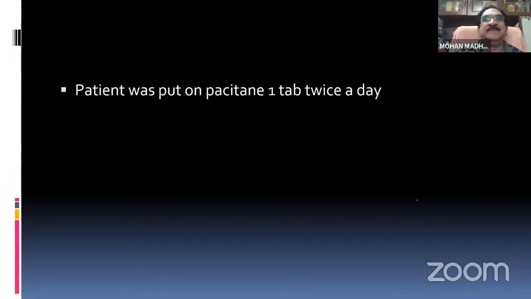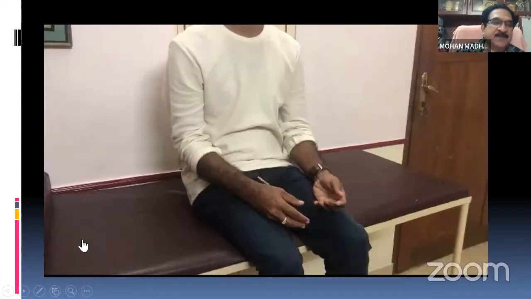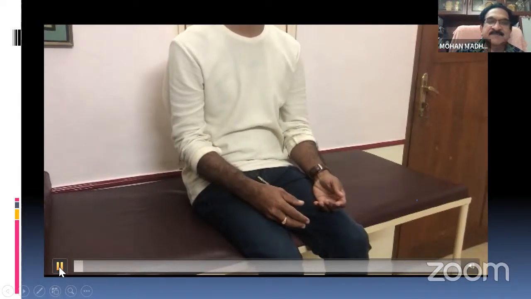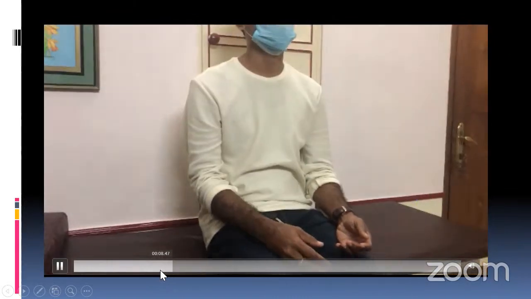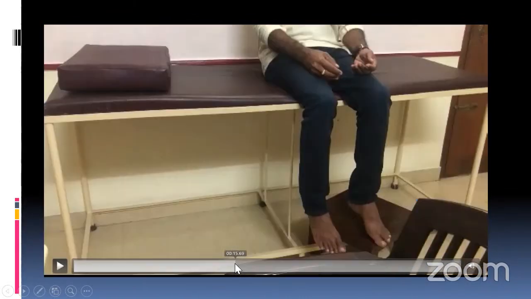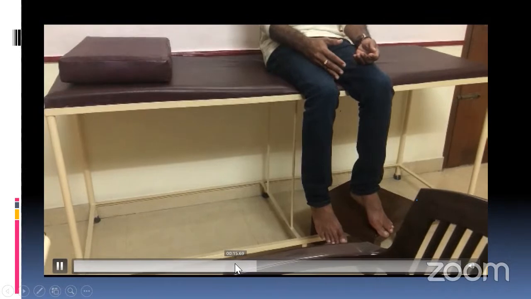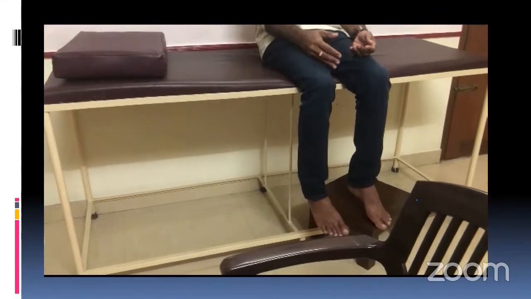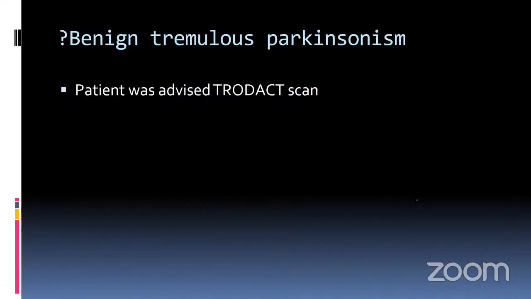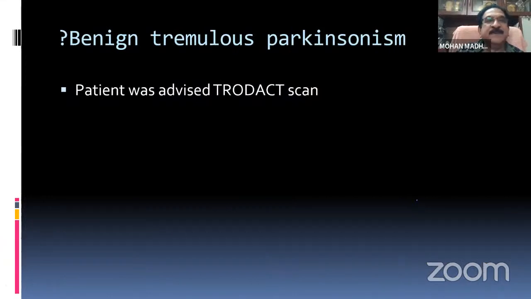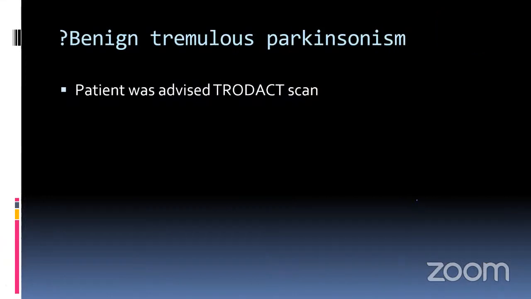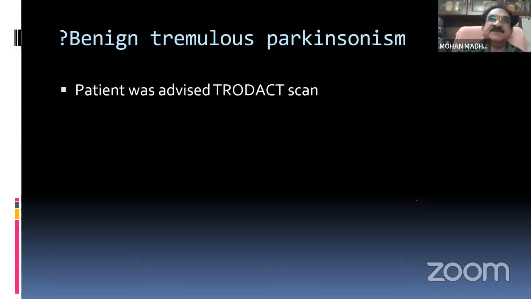So he was put on Pacitin twice daily. Then the diagnosis is benign tremulous Parkinsonism, when the tremor remains for a long period of time.